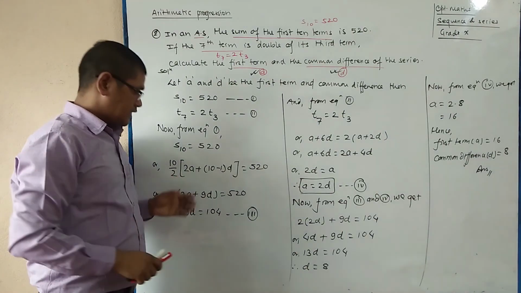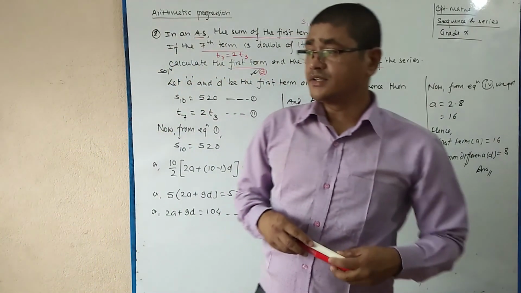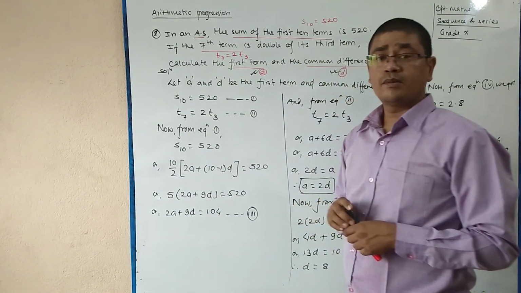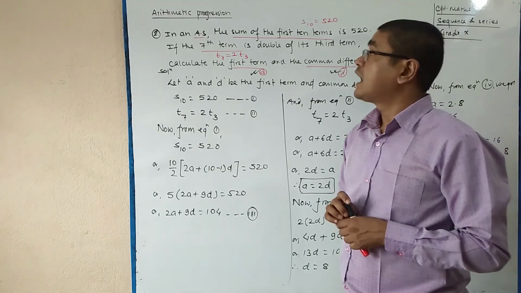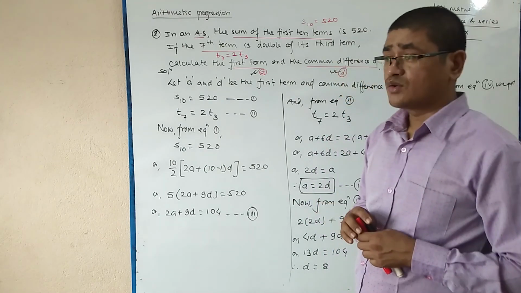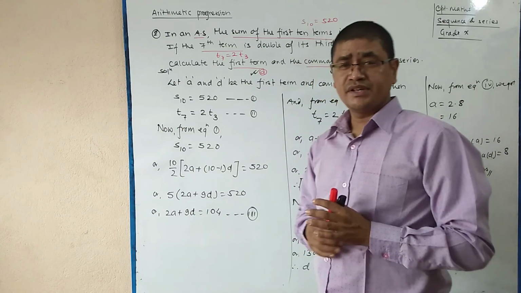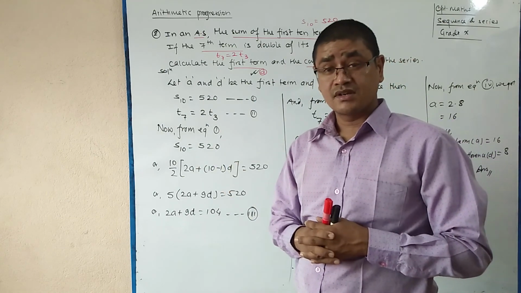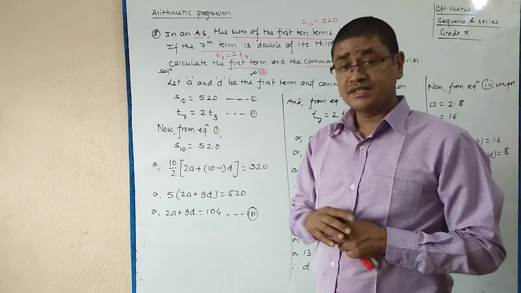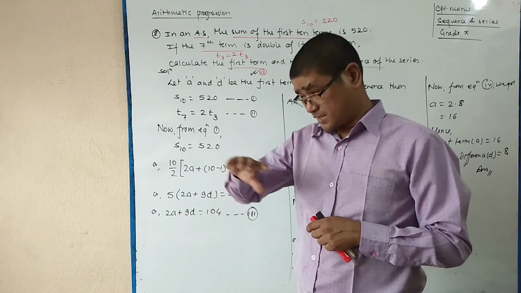Dear students, in this way we have solved lots of problems related to arithmetic progression: how to get a mean, how to get the number of means, the difference between means and terms, inserting the number of means between the given terms, and missing values.